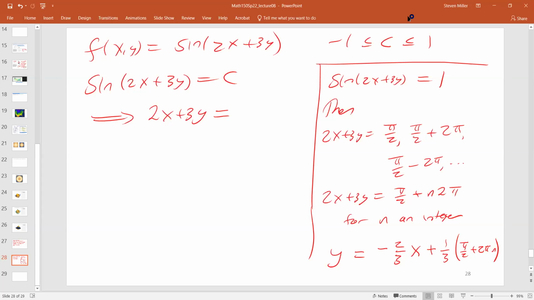So 2x plus 3y is arcsine of c. And we have to be careful because there's going to be more than one choice. If something works, we can add 2 pi or 4 pi or 6 pi, or subtract 2 pi or 4 pi or 6 pi. And so you would basically get lines where it's constant. So we already know that it should look like a bunch of lines.